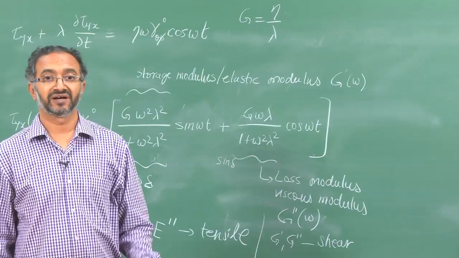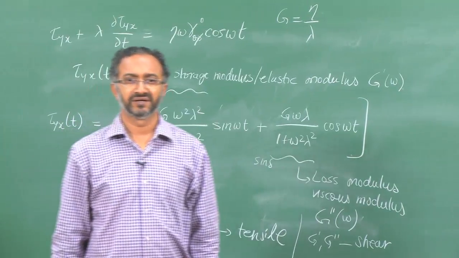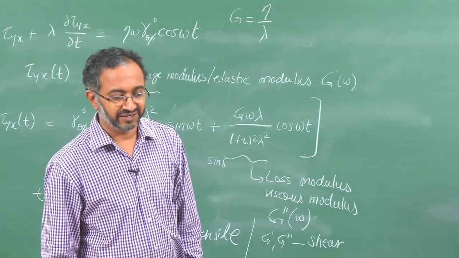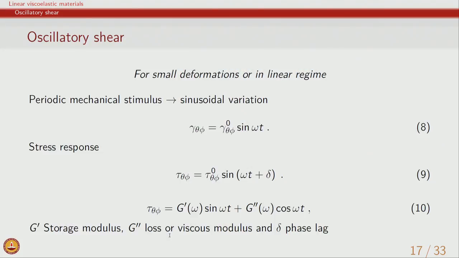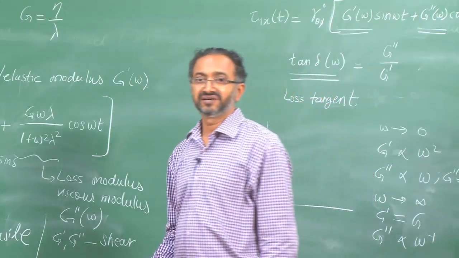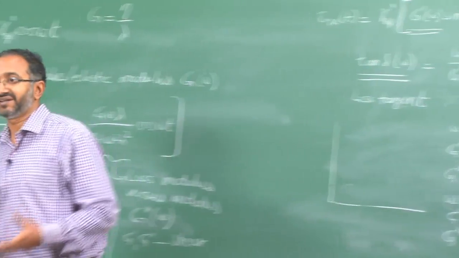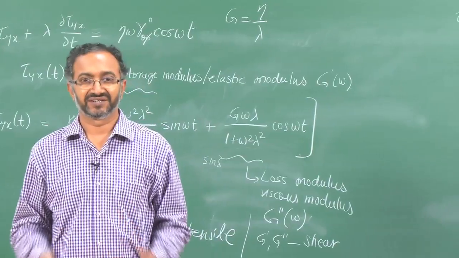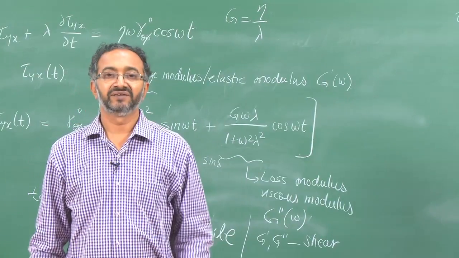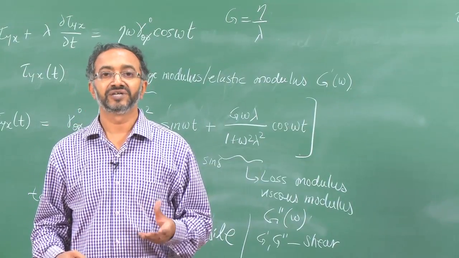Yes, of course, because they are functions of frequency only. The idea of varying omega is because we would like to explore the viscoelasticity of the material. When you keep omega constant, then you are saying only that frequency of interest. So, generally we vary omega to do the experiment.